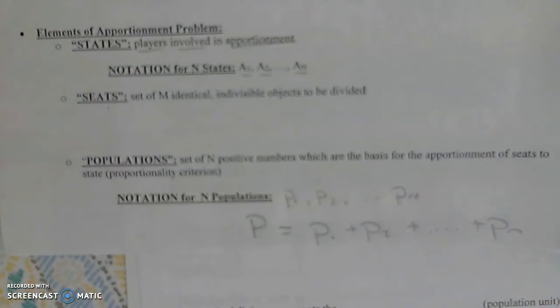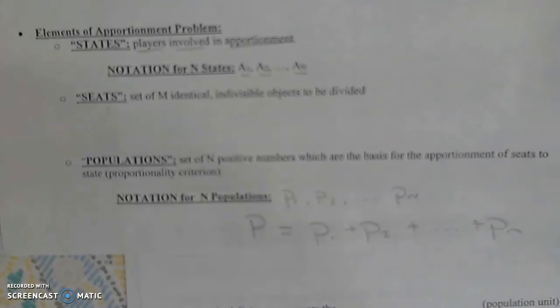All right? And that's the additional information that we'll need for our apportionment. All right. So states are the players. The seats are what we're divvying up. And then we are going to need to know what our population is, what our apportionment is being based on.